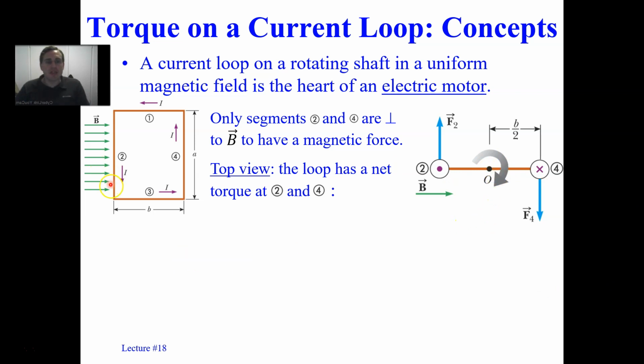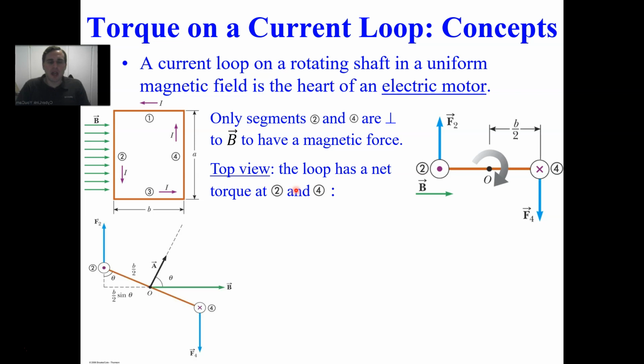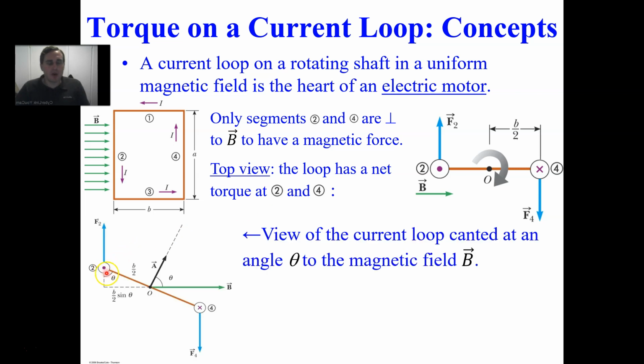Notice that the lengths of these segments are B along this direction and A along this direction. From here to here, that's B over 2. Imagine that this is the axis, straight through 1 and 3. With that in mind, with this F2 and F4, if you view the current loop canted at an angle theta to the magnetic field B, we're going to have to consider the torques here, because they weren't just maximum torques before.